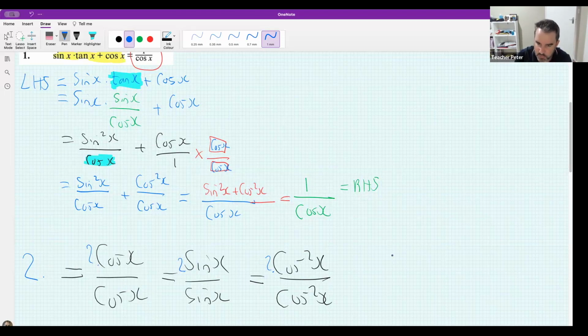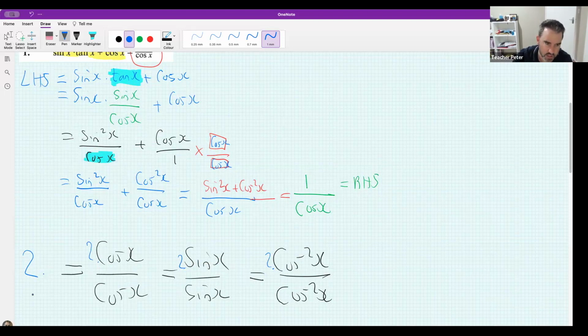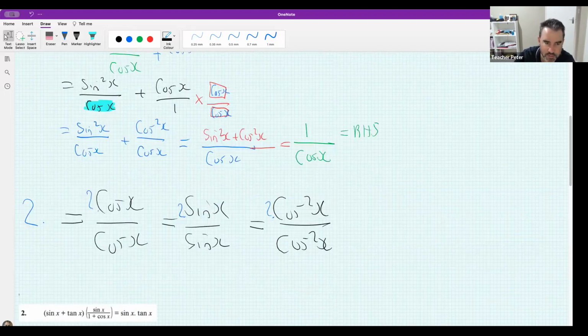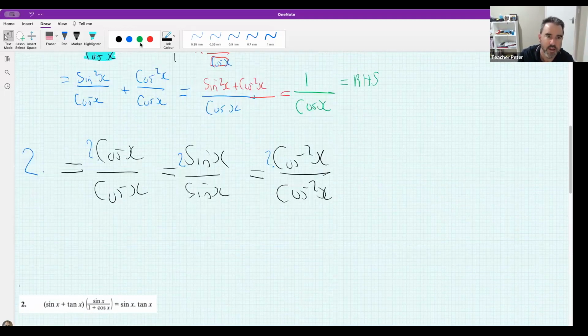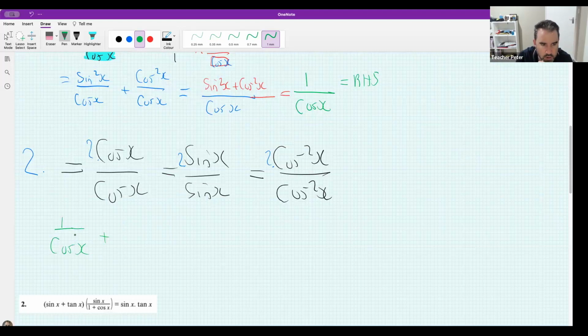The other idea that we saw now is that if you have two fractions and you need to add them together, so let me make up an example now. Like if you have 1 over cos x plus, let's say, 1 over cos squared x plus 1. And now I need to add these two things together.